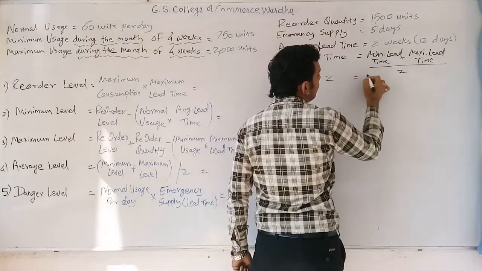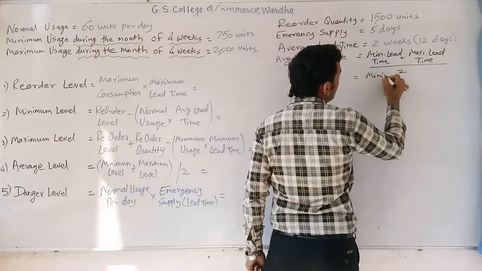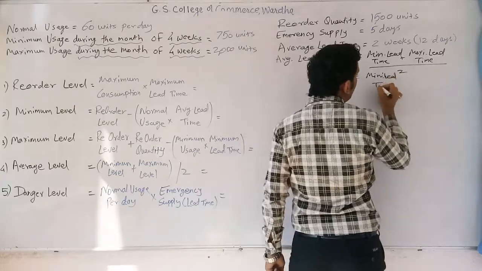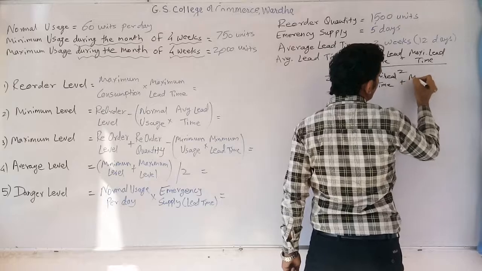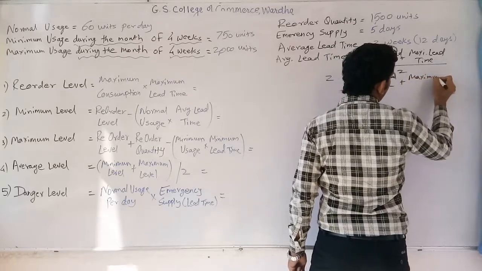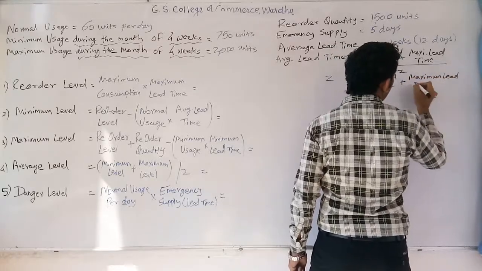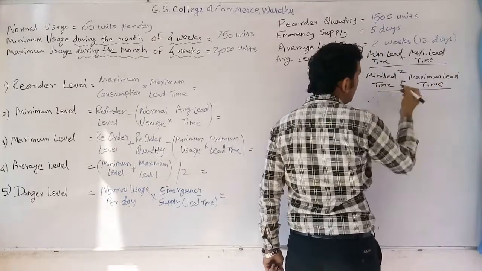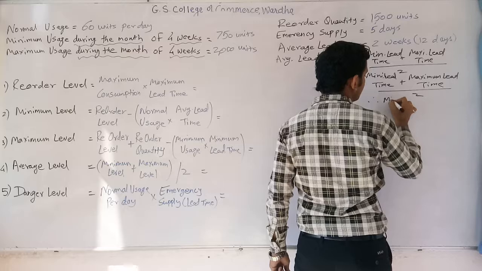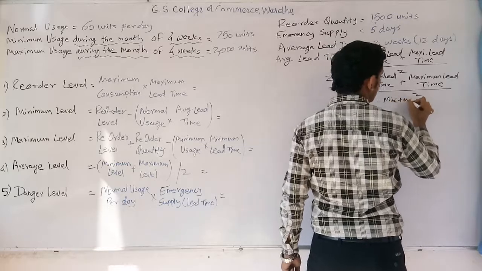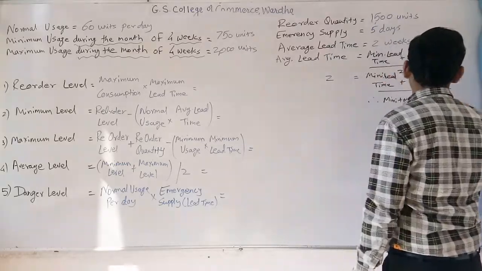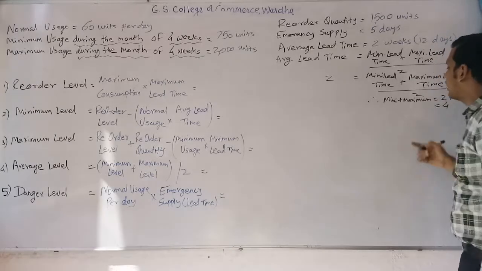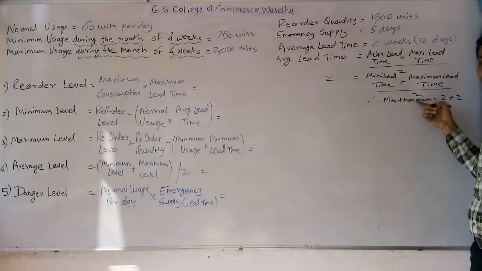Hence we can simplify it as 2 equals minimum lead time plus maximum lead time divided by 2. Therefore minimum plus maximum lead time equals 2 into 2 equals 4. Hence the summation of both would be 4.